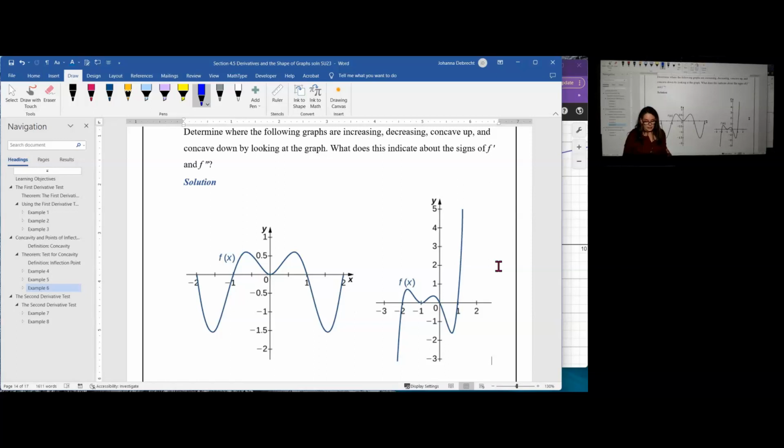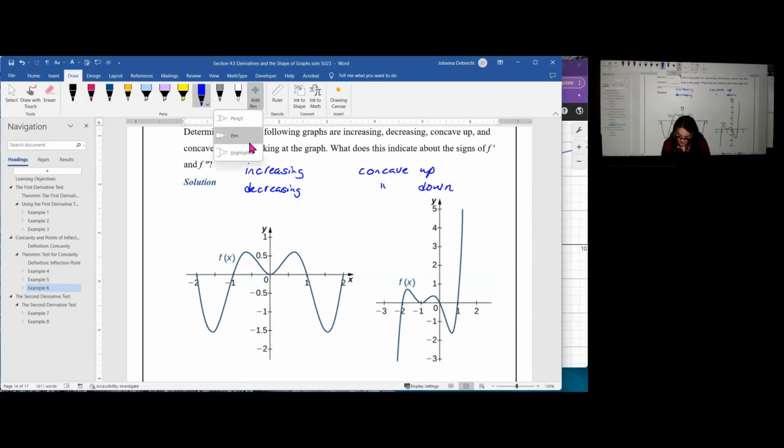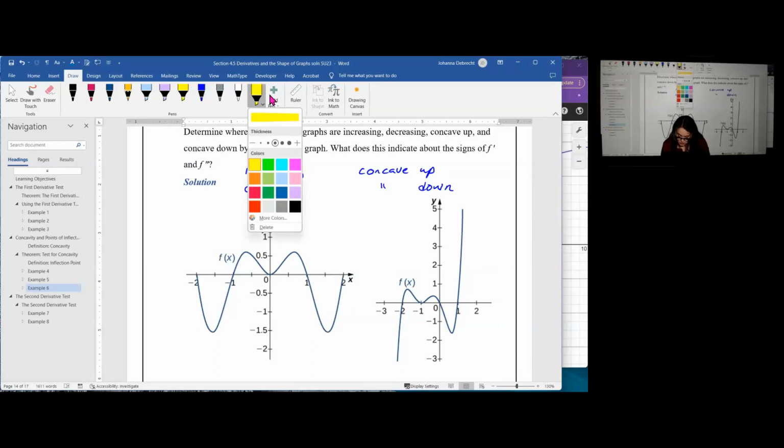When we look at these, I'm going to make a chart so that we can tell which one is which. Increasing, decreasing, concave up, and concave down. Now we need some highlighting colors. And it looks like I need one more.